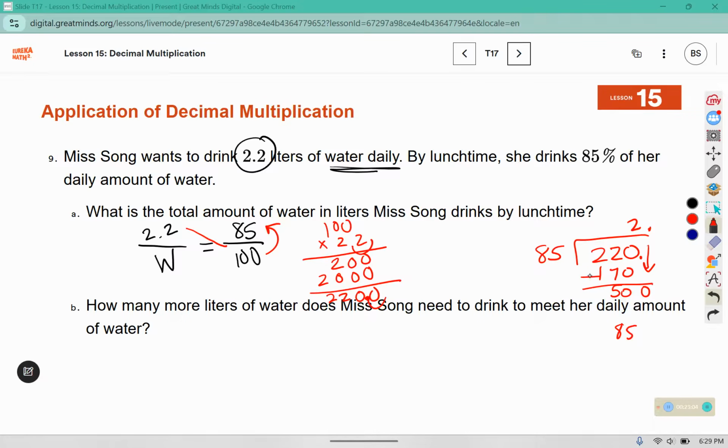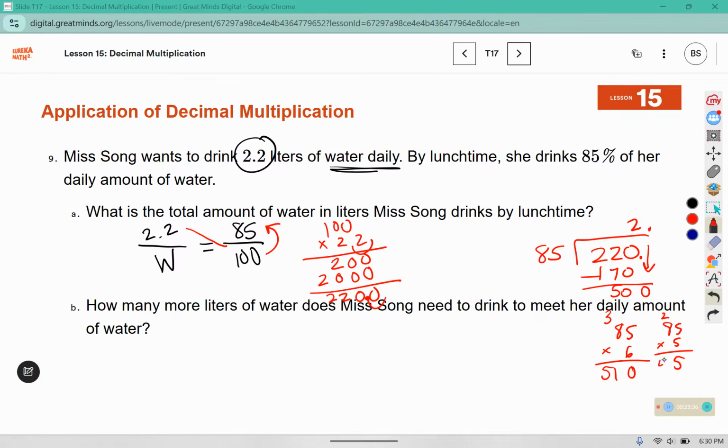85 is close to 100, so it could fit about 5 times. Let's try 6. 6 times 5 is 30. 6 times 8 is 48. Plus 3 more would make 51, so that's too large. So it's going to fit in 5 times. 5 times 5 is 25. 5 times 8 is 40.